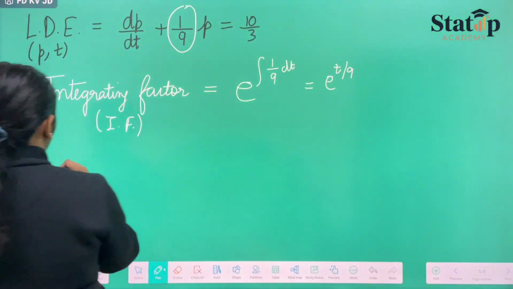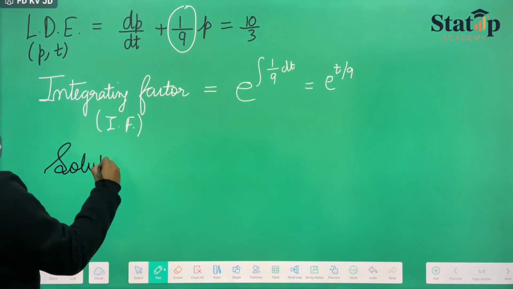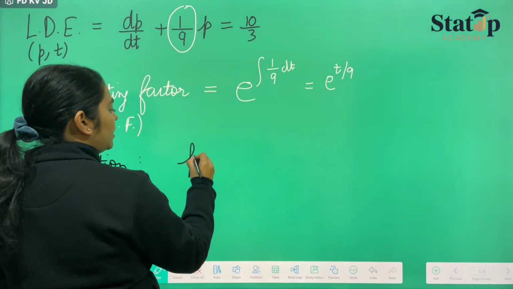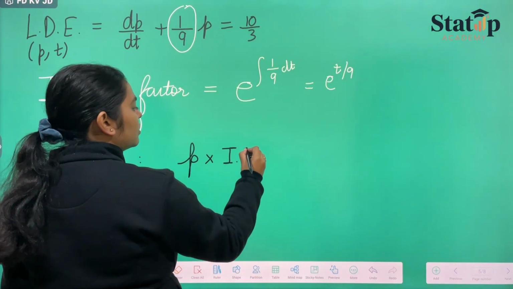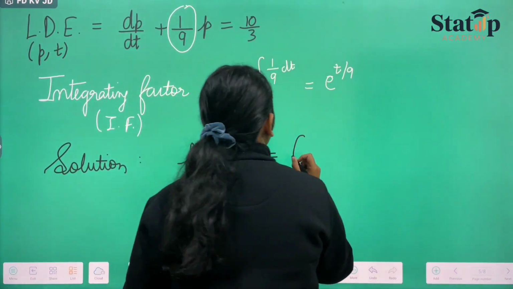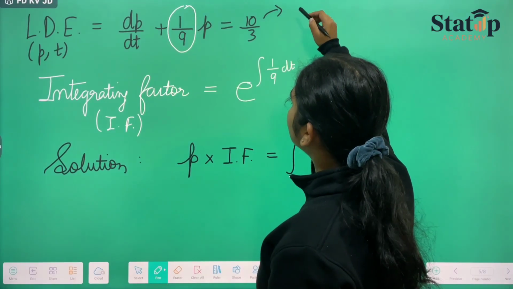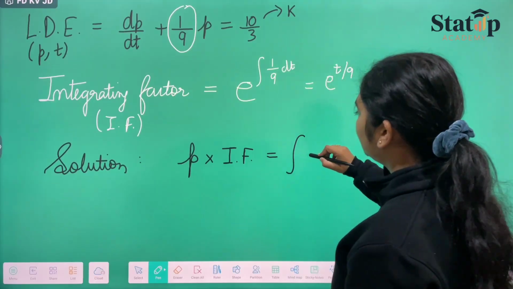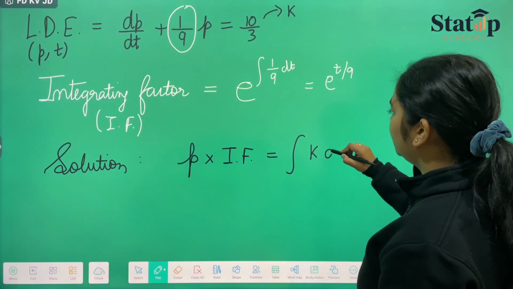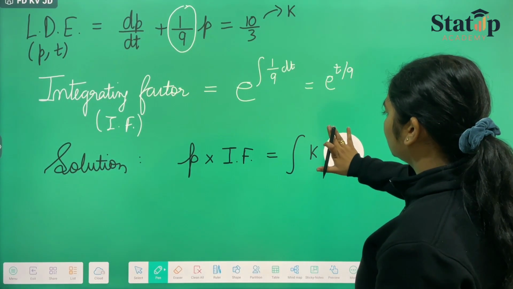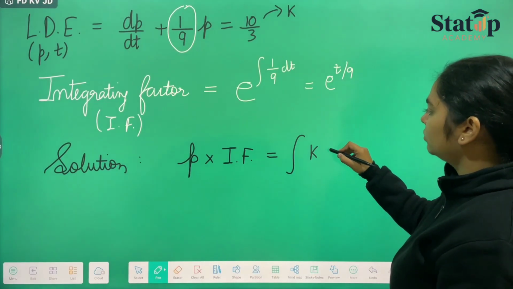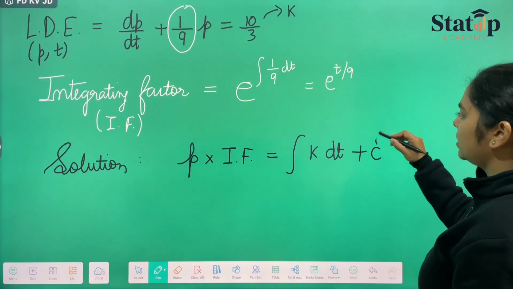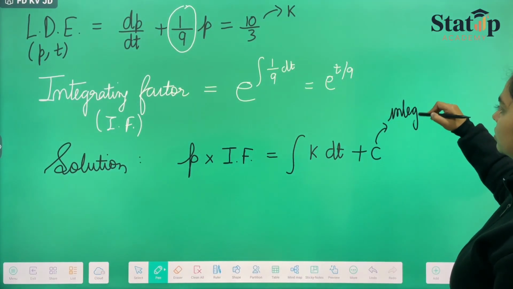Now the solution can be written as: the solution of this is p into integrating factor equals to integration of, if this is the term that we represent as constant, so let us take it as k, integration of k dt plus c, where c is the integrating constant.